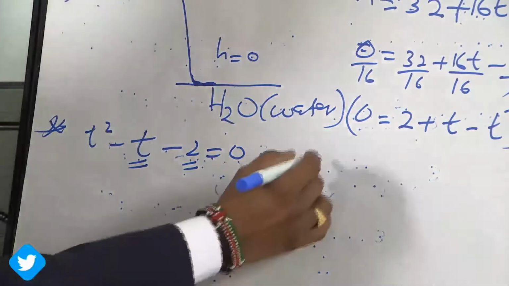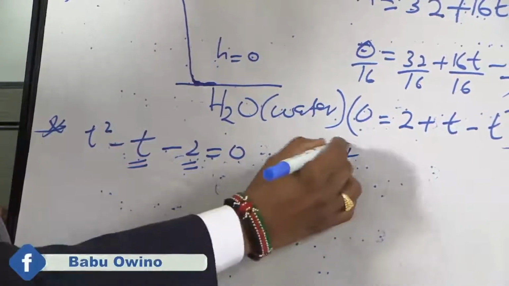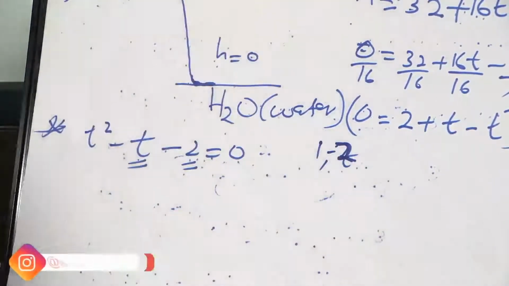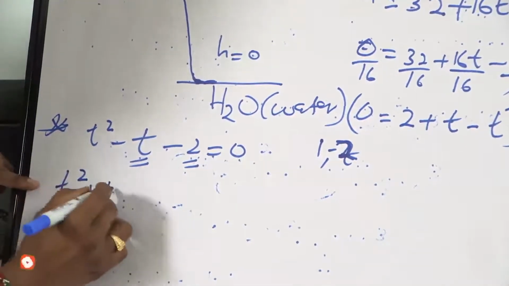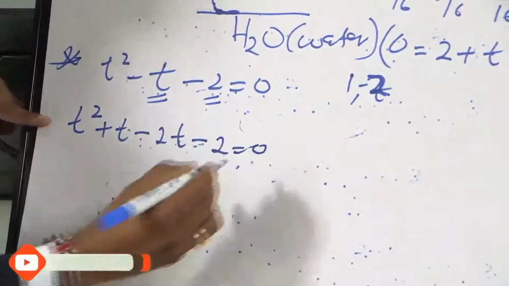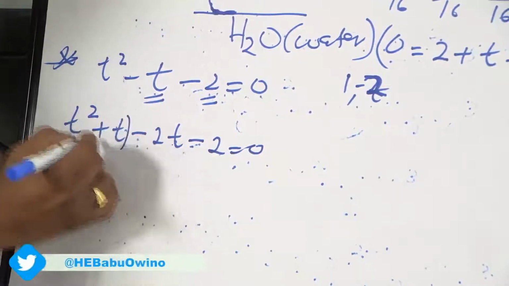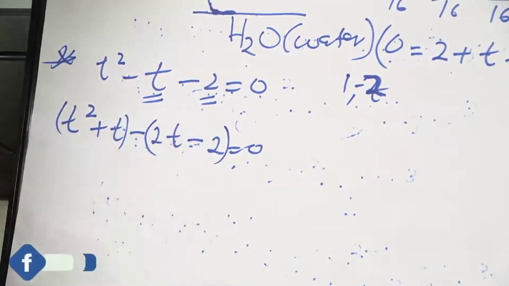So the numbers are 1 and -2. So in factorizing, we have t squared plus t minus 2t minus 2 equals 0. Then we have the first part of the equation and the second part of the equation.